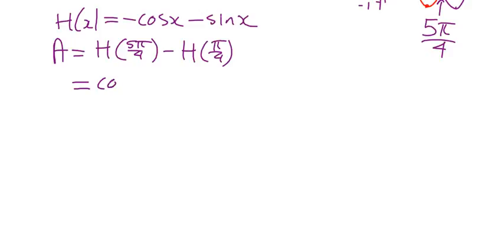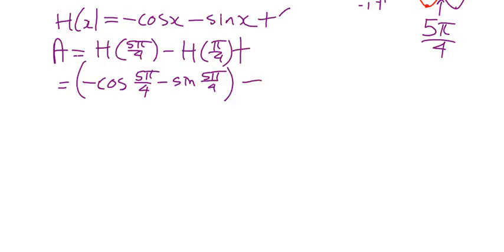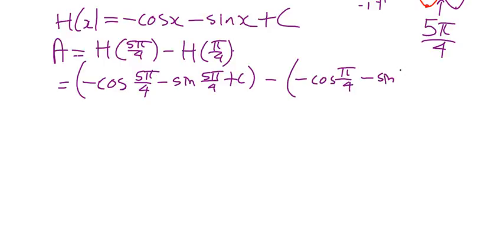So it's equal to the negative cos of 5 pi over 4 minus the sine of 5 pi over 4, plus c, minus the negative cos of pi over 4 minus the sine of pi over 4, plus c.